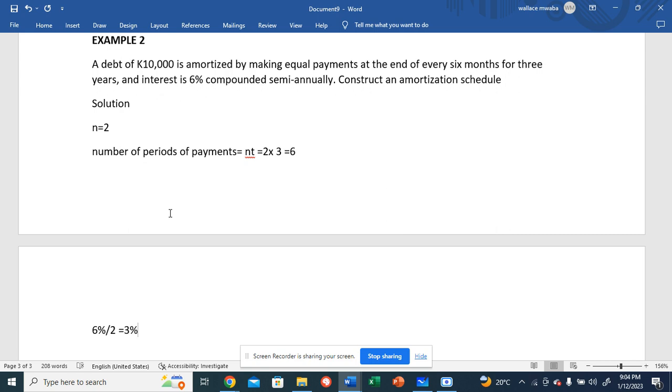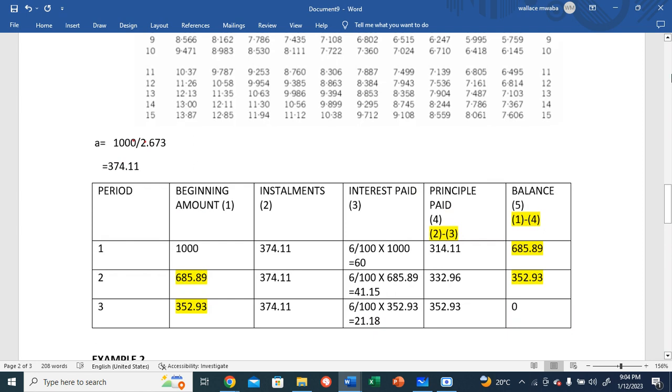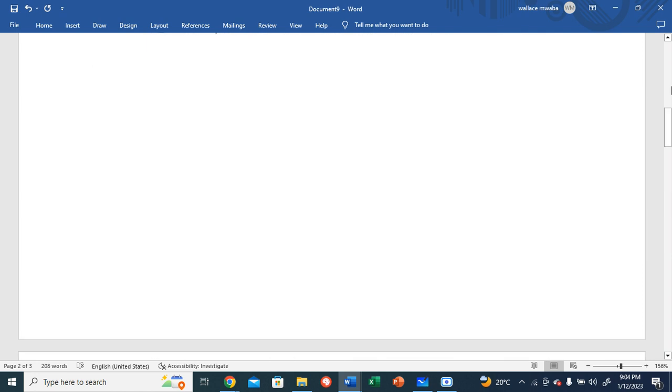So now we can calculate our equal payments, all right, with this formula here.